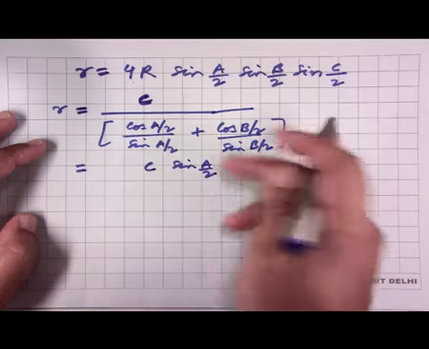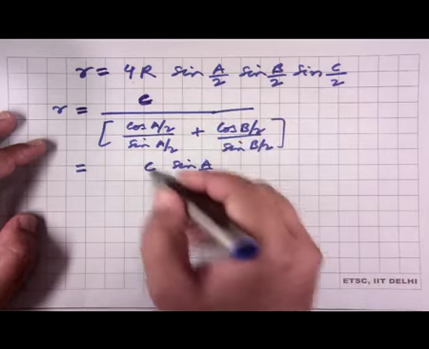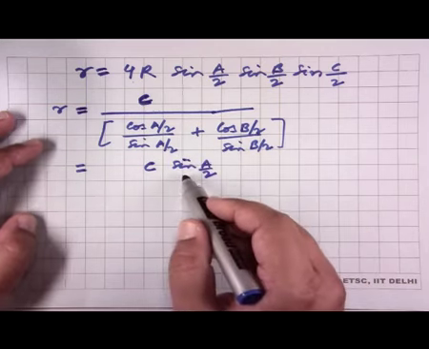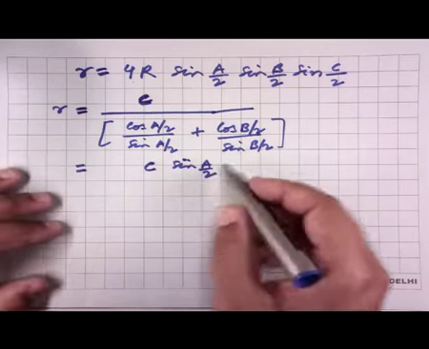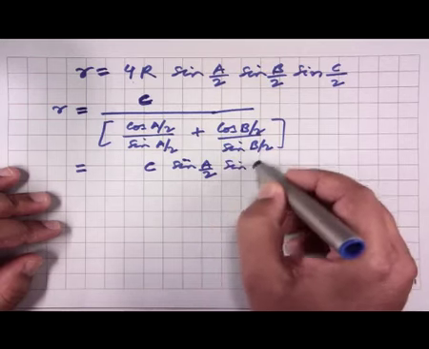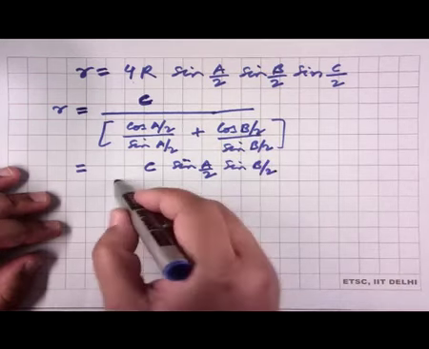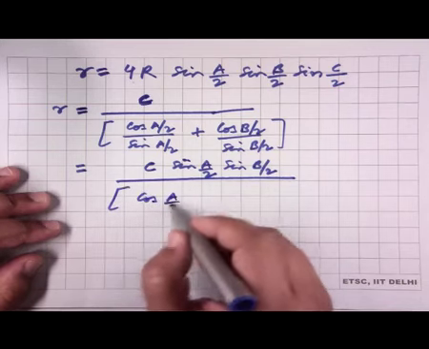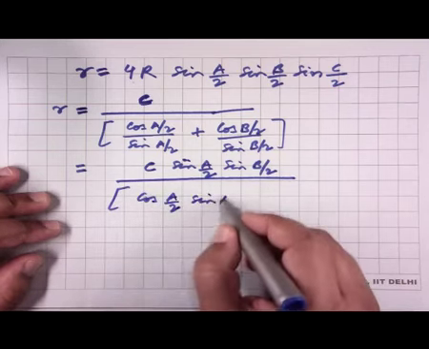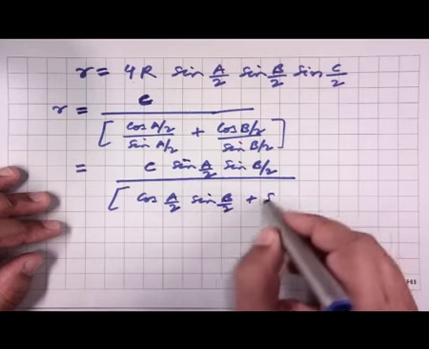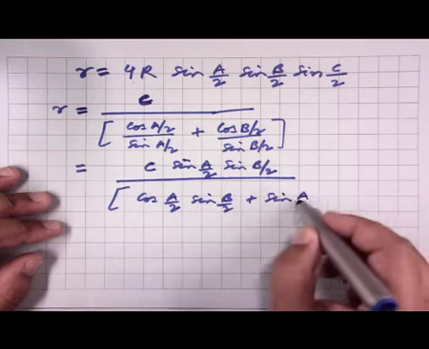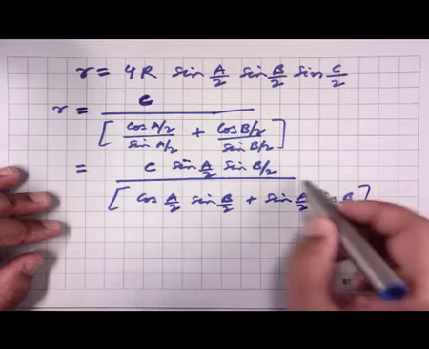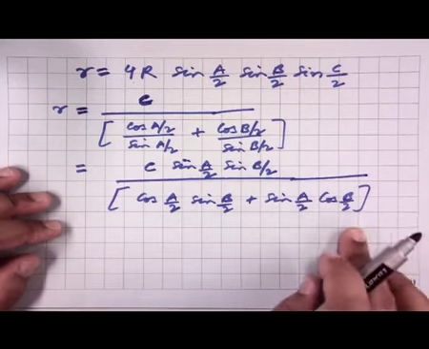So, we multiply both the numerator and the denominator by the product sin A by 2 times sin B by 2 and we get this expression.